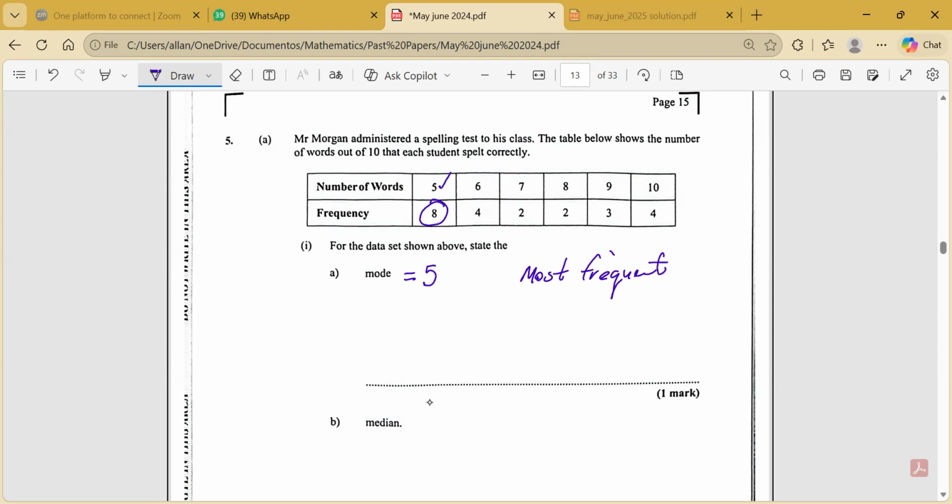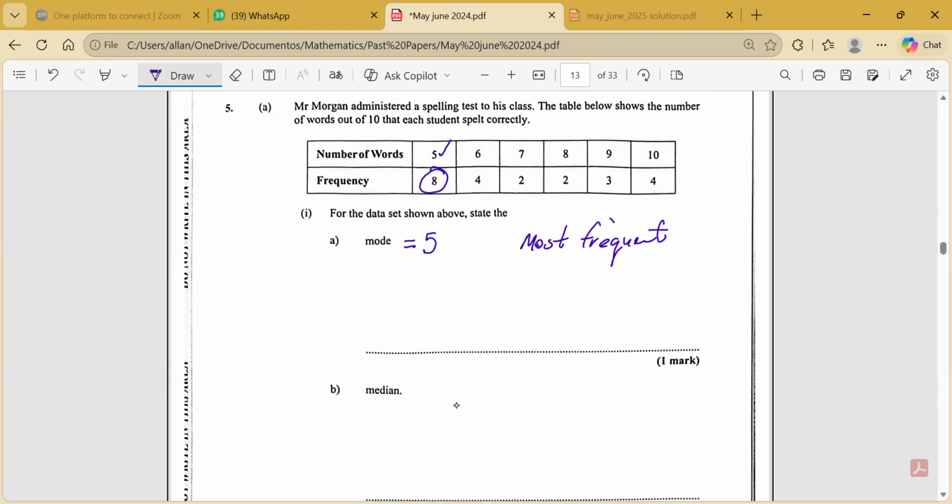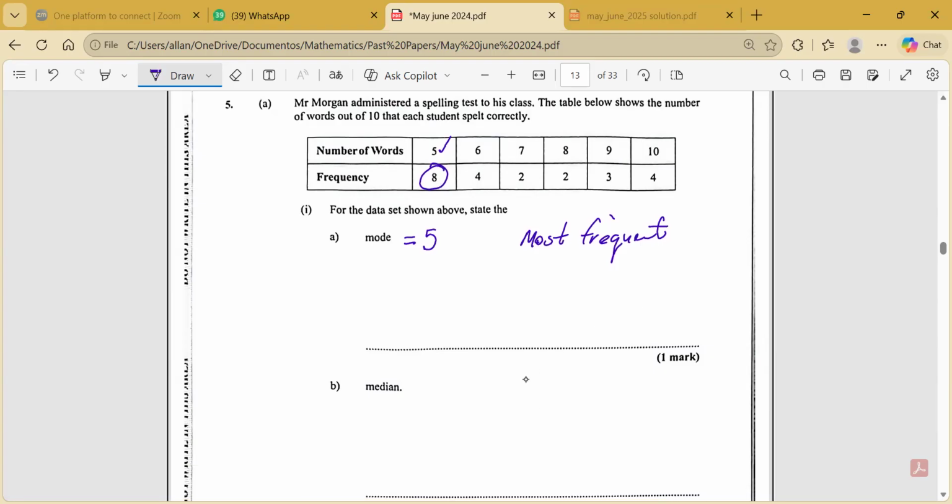Now median, this is what I wanted to talk about quickly with you. So the median, Q2, which is a half n plus 1. You're going to look at the rank.